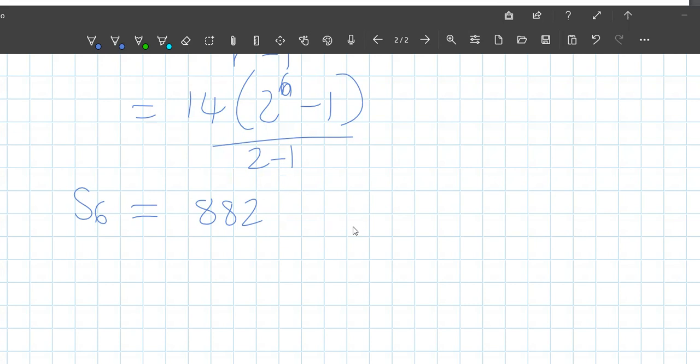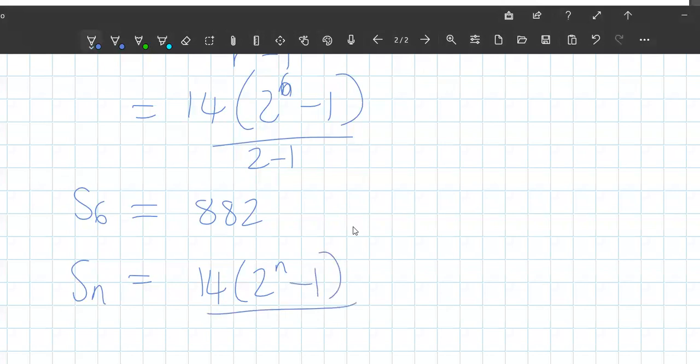The next thing I want to know is, what will the final n be? So if we have Sn, what will our final n be? Using our geometric Sn formula, we can sub in the values we know, which is 14. Our r was still 2. We don't know what n is.